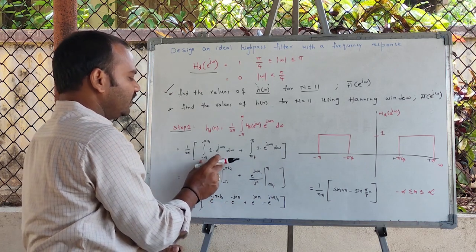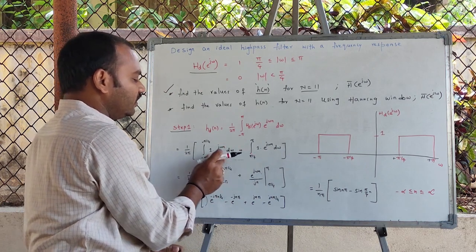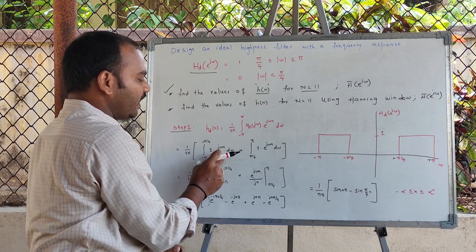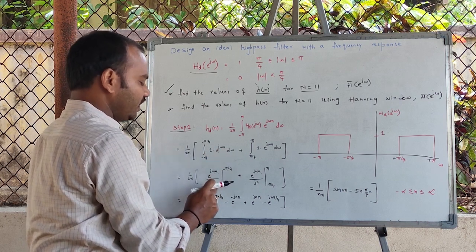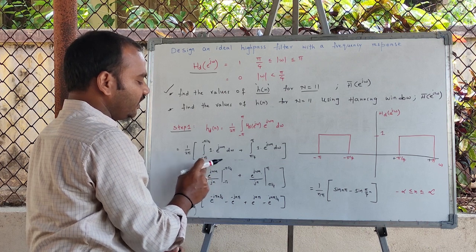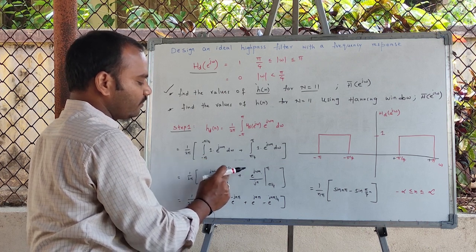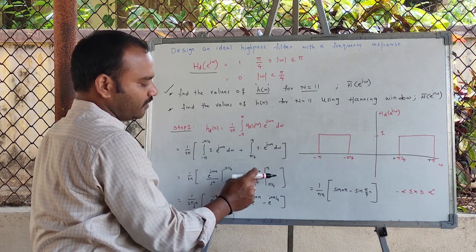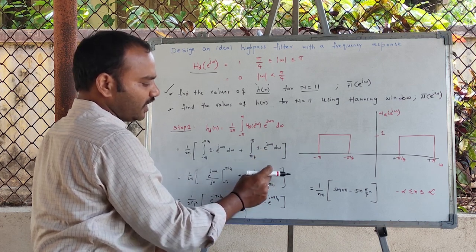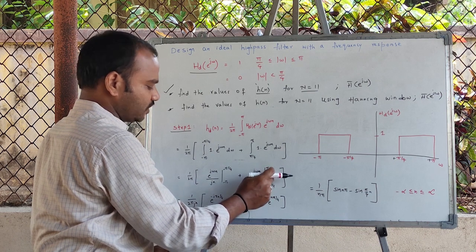Next we know that the integration of e power j omega n is e power j omega n by jn, and it is a finite integration, so the limits are minus pi to minus pi by 4. In the same way, the second integral term is e power j omega n by jn, and the limits are from plus pi by 4 to plus pi.